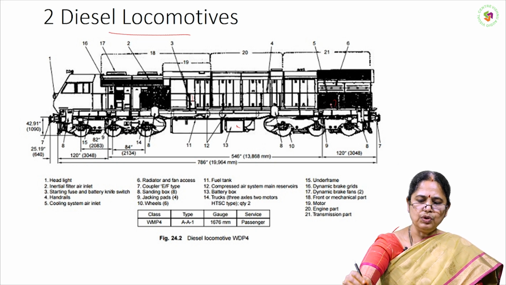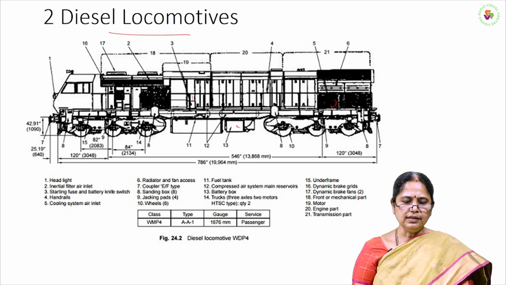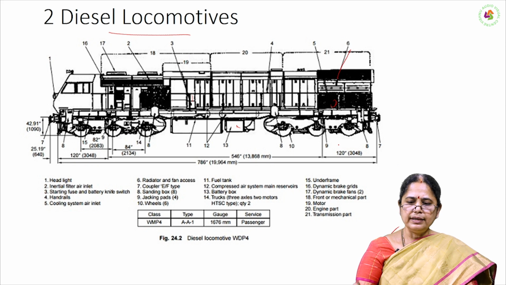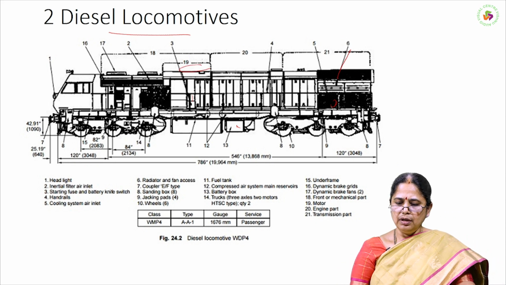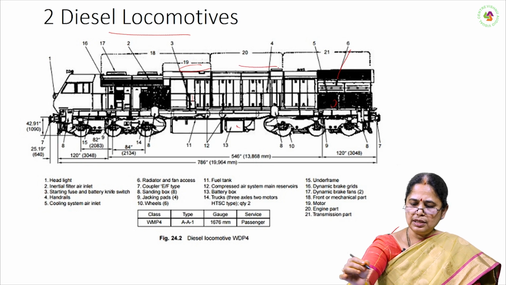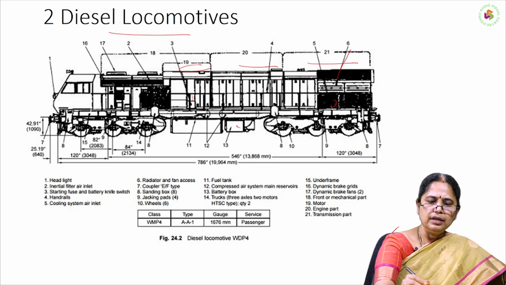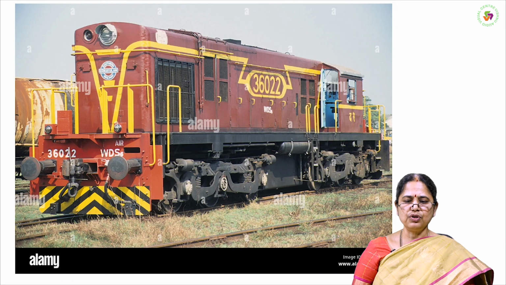Here you can see the cooling system, and here the radiator and fan, and these are the wheels, and this is the motor. The main part is the motor, and this is the engine part, this is the transmission part, and this is the front or mechanical part.